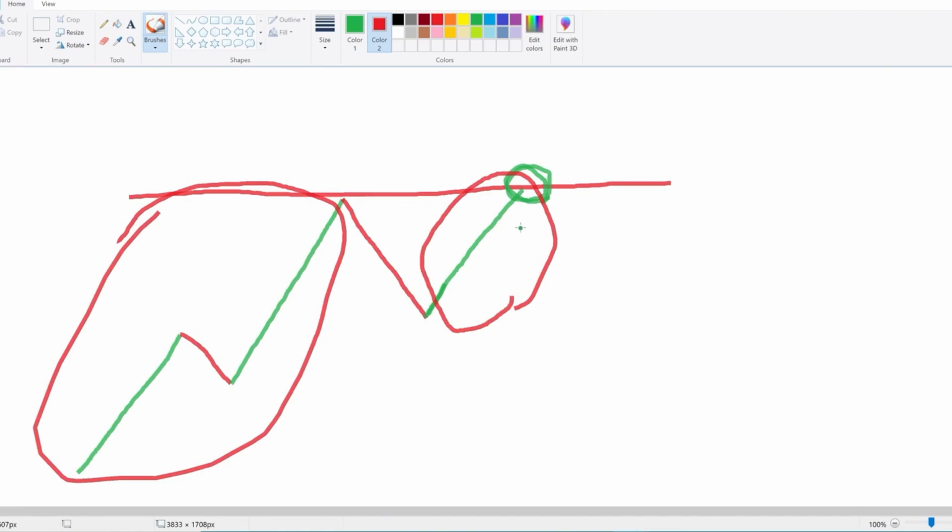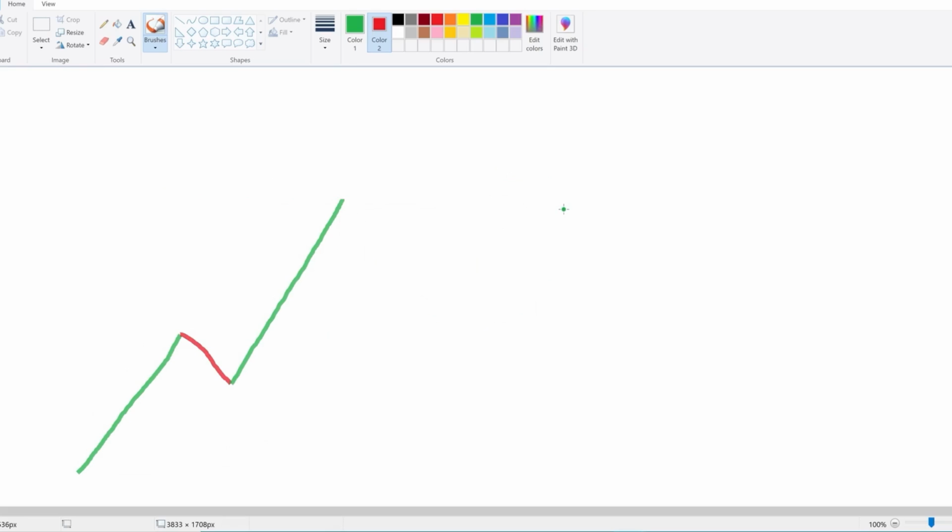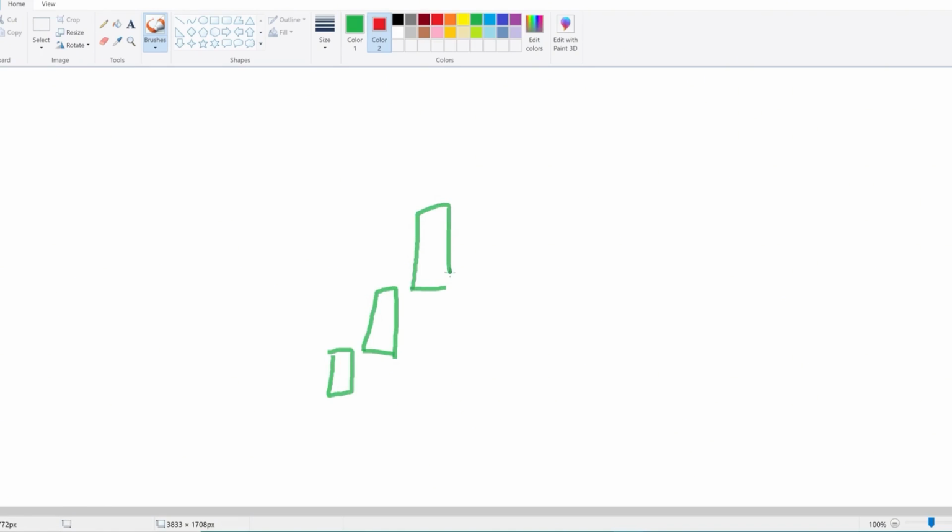Now, I'll illustrate each scenario one by one and explain how you should make decisions when faced with these situations and what key points you should focus on. The first scenario is when we observe that the size of the candlesticks in the minor trend is gradually increasing, getting bigger one by one.